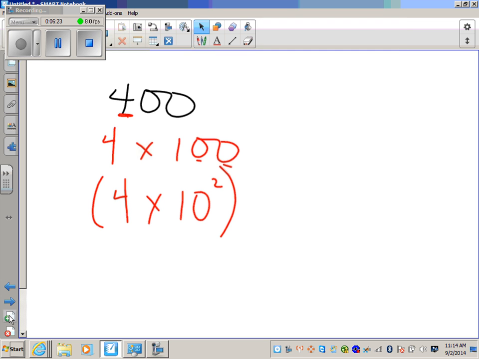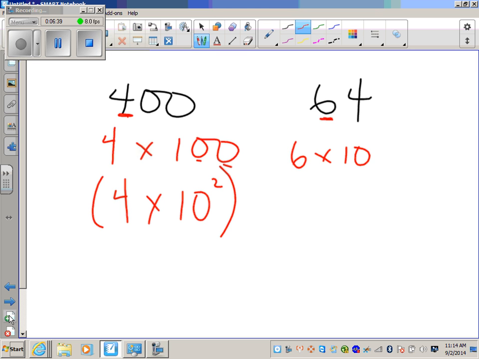If I were to say, give me 64. Take a look at the first digit. It's a 6. In what place? Okay, so I'm going to have to do a 6 times 10, right? That gives me 60. And a 4 times what?